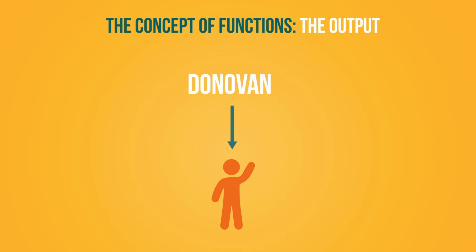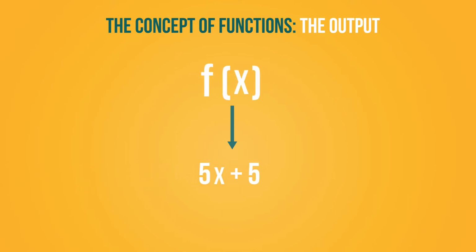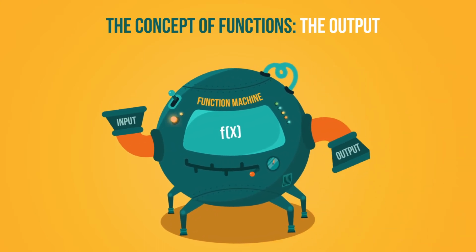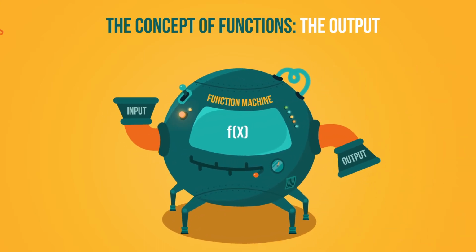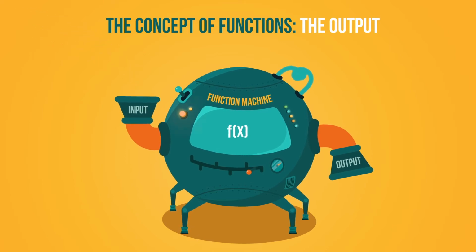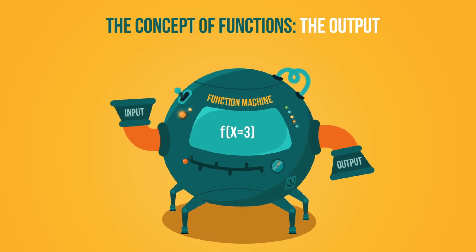In this analogy, the physical body and personality of a function is basically the equation that describes the function. Now that we have an equation for the function, we know its identity and how it behaves. So when 3 gets inserted into the input, we know this means x equals 3. So we can substitute 3 everywhere we see x.